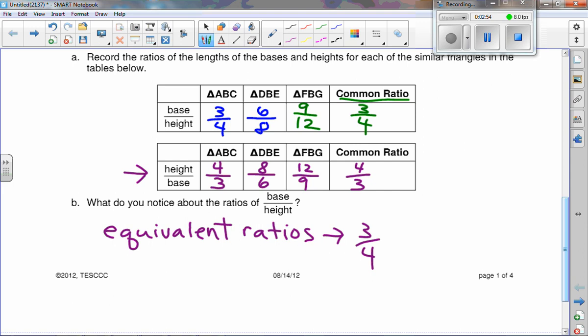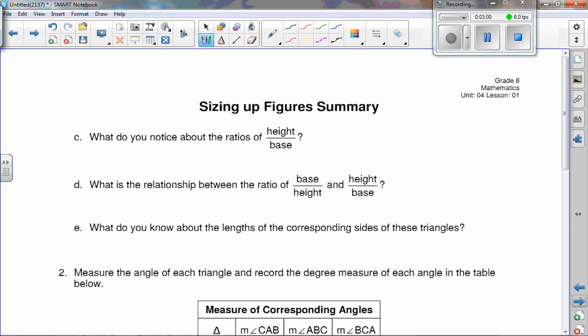Okay, going on to part C. What do you notice about the ratios of height to base? The ratios here are also equivalent, and they are equivalent to 4/3 when they are simplified.